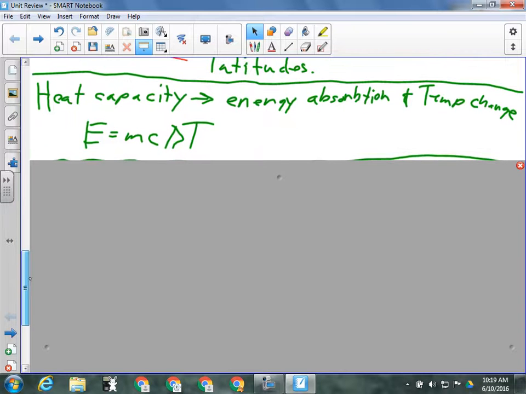And then right after we talked about heat capacity, we talked about the heating curve of water and latent heat.